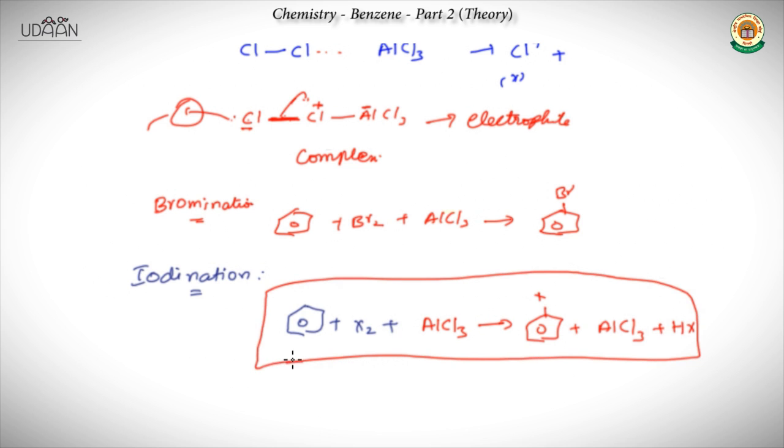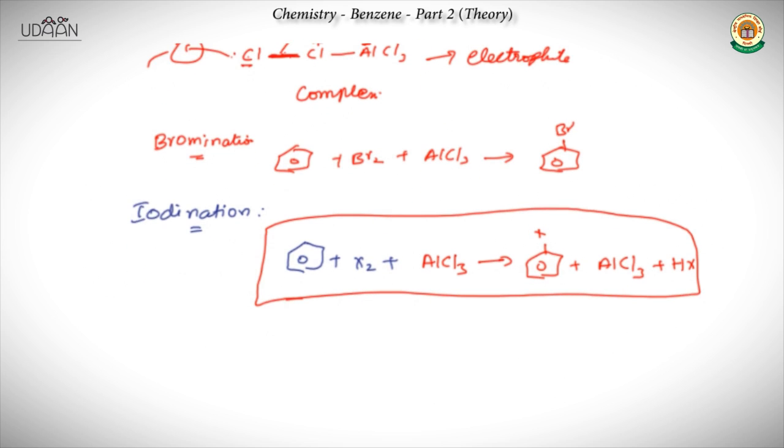Now consider the case of benzene with iodine. That is, you are adding iodine plus this AlCl3. You are going to get iodobenzene, plus you are going to get back your AlCl3 and HI. Look at it very carefully.